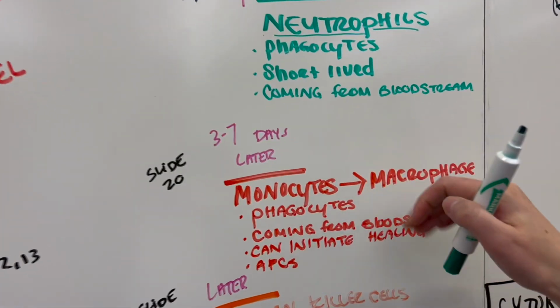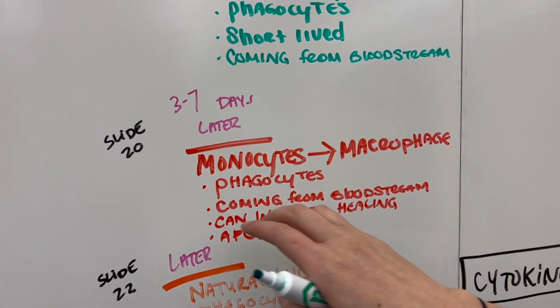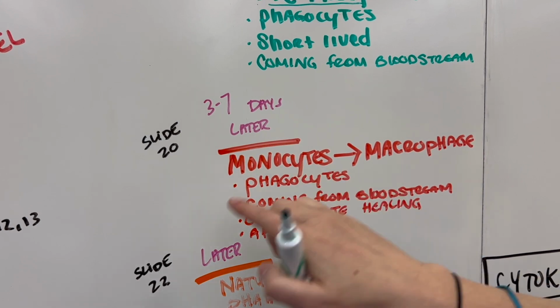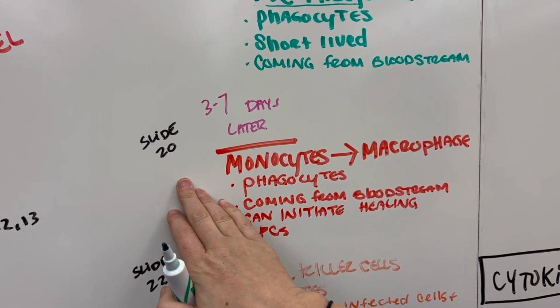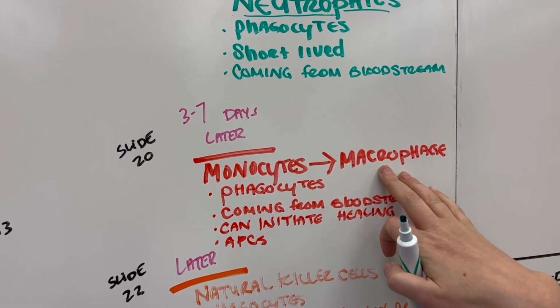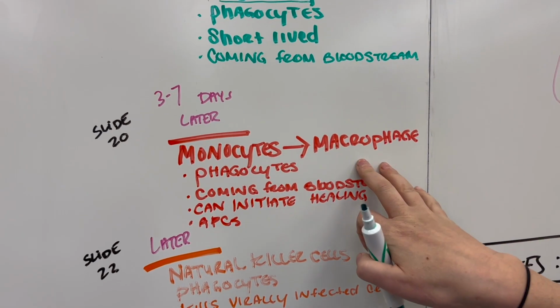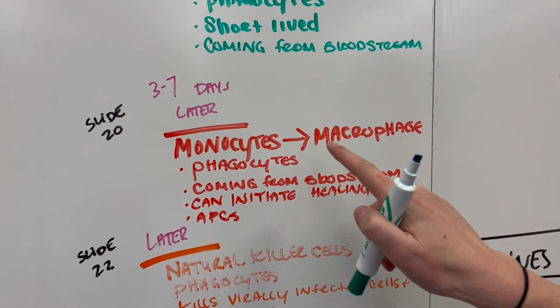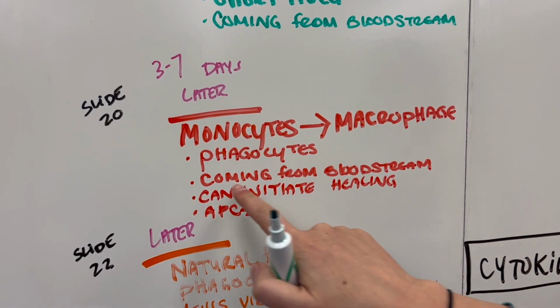Next, we have our monocytes. These arrive more like 3 to 7 days later. When they're in the bloodstream, they're very immature, but when they get to the tissue, they go through a glow up and mature a great deal, and then they're macrophages. They are also phagocytes, so they can eat pathogens, cellular debris and such.